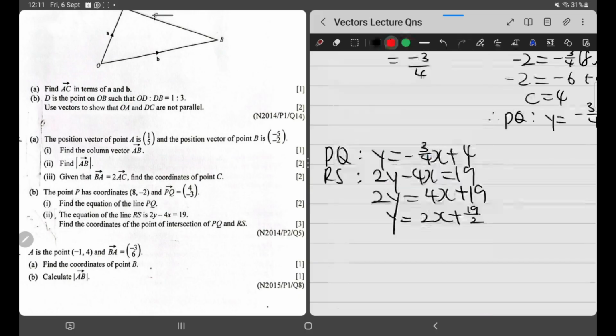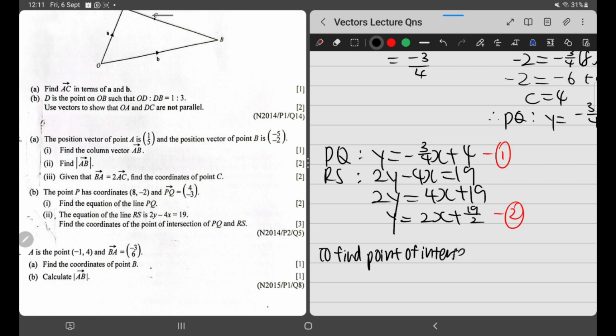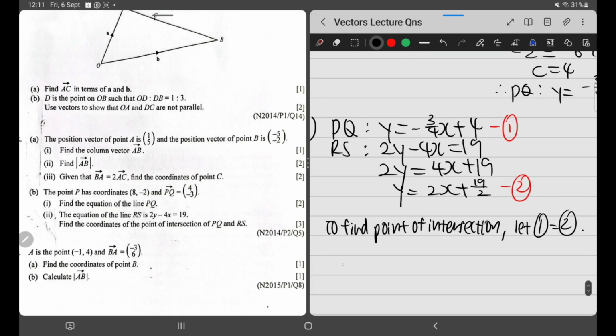So this is my first equation. This is my second equation. So to find the point of intersection, let 1 equal 2. Therefore, -3/4 x plus 4 equals 2x plus 19 over 2.